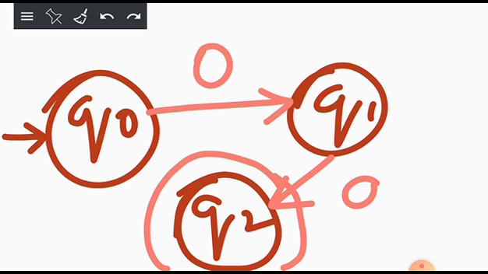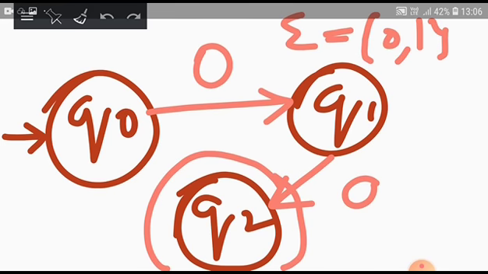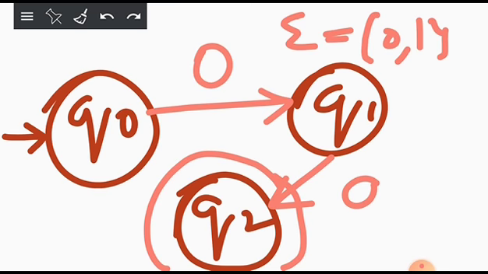So basically Q naught on getting input 0 goes to Q1, and Q1 on getting input 0 goes to Q2. Suppose the alphabet is 0, 1. So we have to define each and every possible transition for both symbols. Here I am representing only that on getting input 0, Q naught will move to Q1.